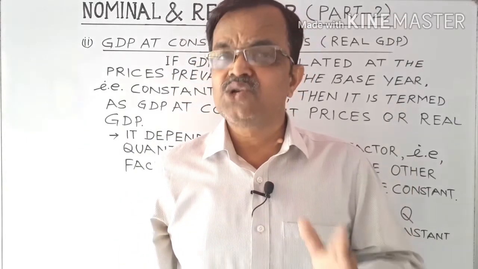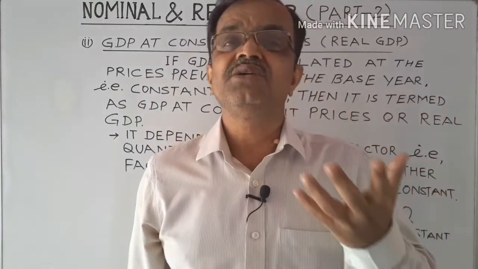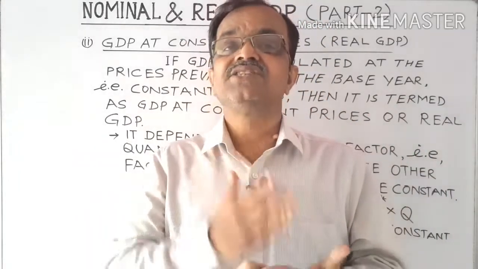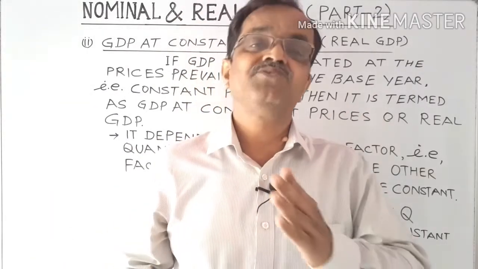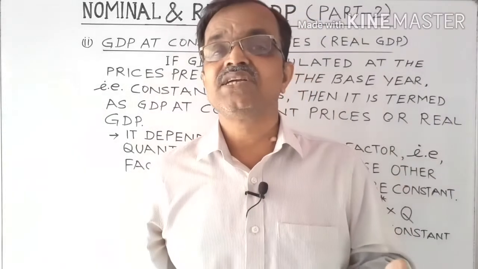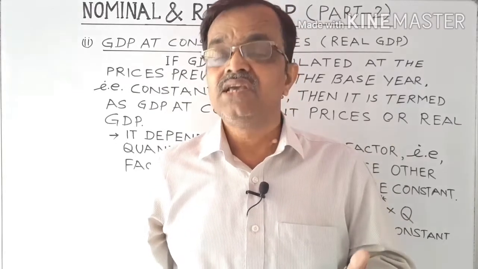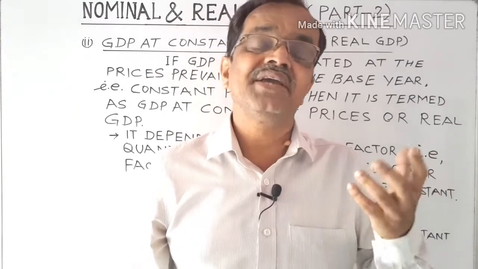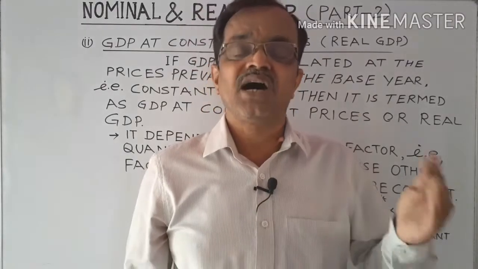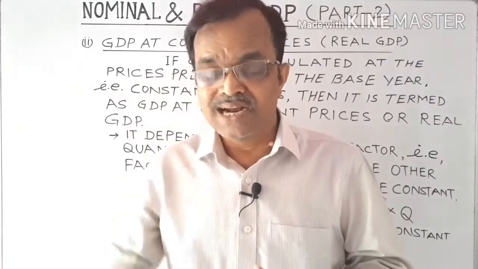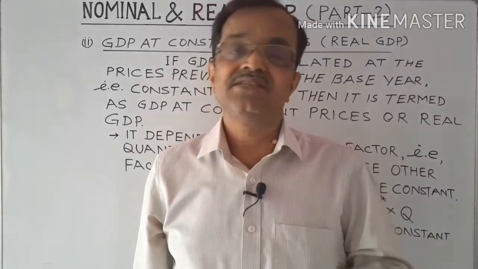During the computation of GDP, generally a year in the past is chosen in which there is minimum price fluctuation, for comparison of the figures of the past, simply indicating the status of the economy, whether there is growth or degrowth in the economy. That year in the past in which the price fluctuation is minimum is called the base year, and the prices prevailing in that base year are called base year's prices.